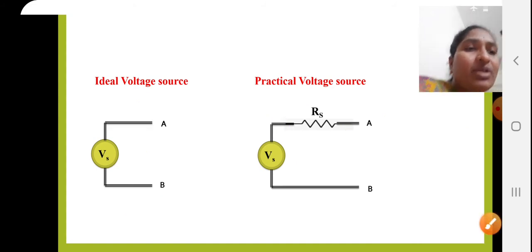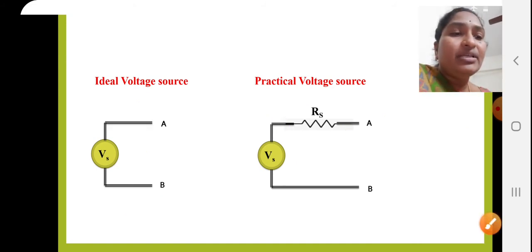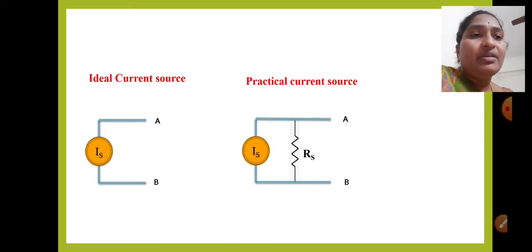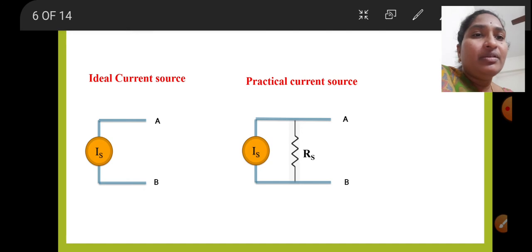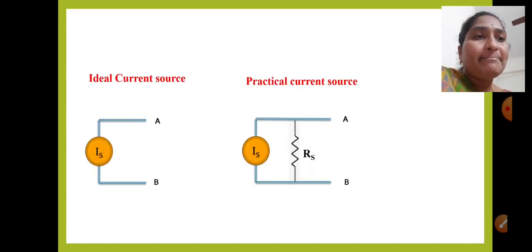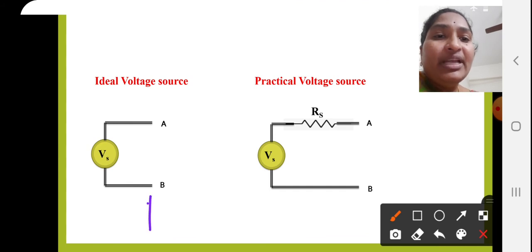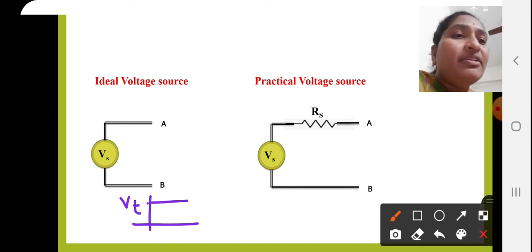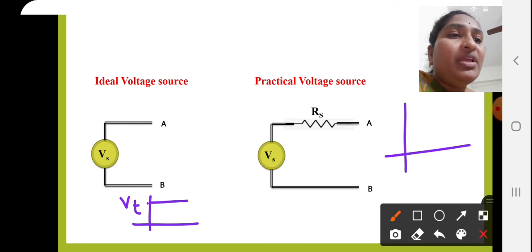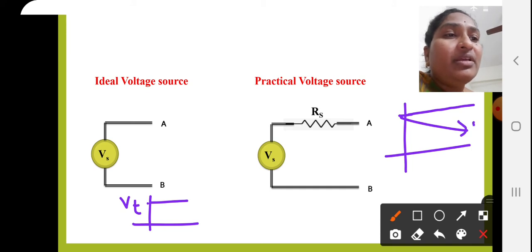Then coming to the characteristics of the ideal and practical voltage sources, the ideal voltage source supplies a constant voltage at the terminals. But for the practical voltage source, if this is Vs, then Vt will be like this.